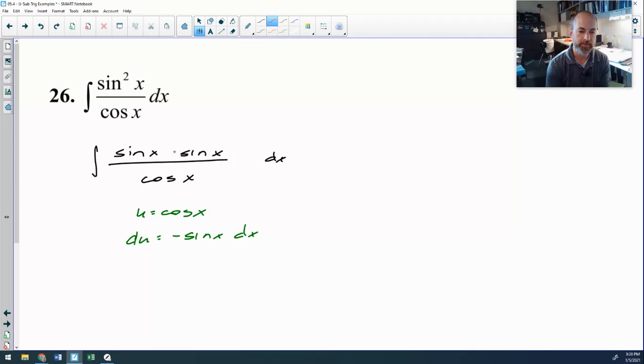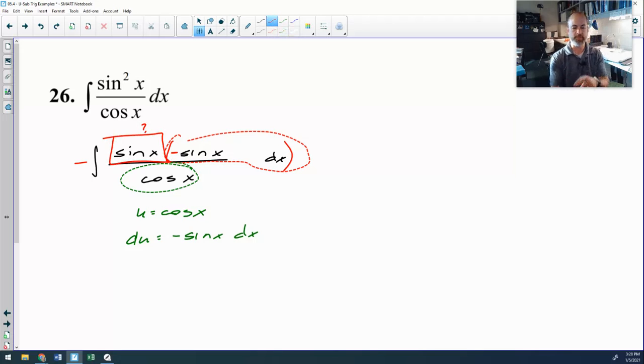I could put a negative in front of this sine, a negative out here, and I have my du, I have my u, but the problem is I have not accounted for this extra sine x out here. I have not substituted that out yet. So that u, while coming close, didn't work.